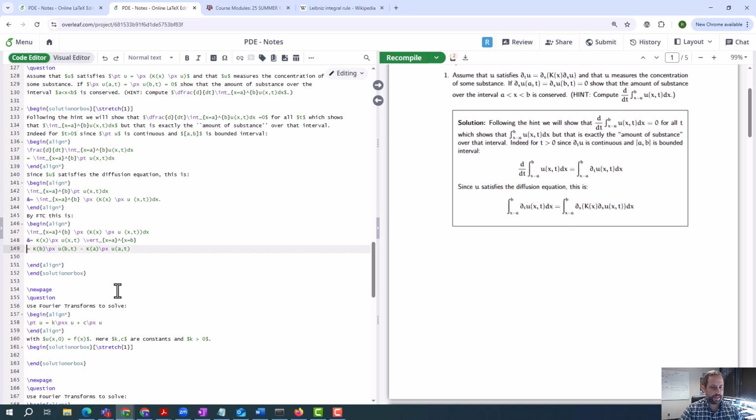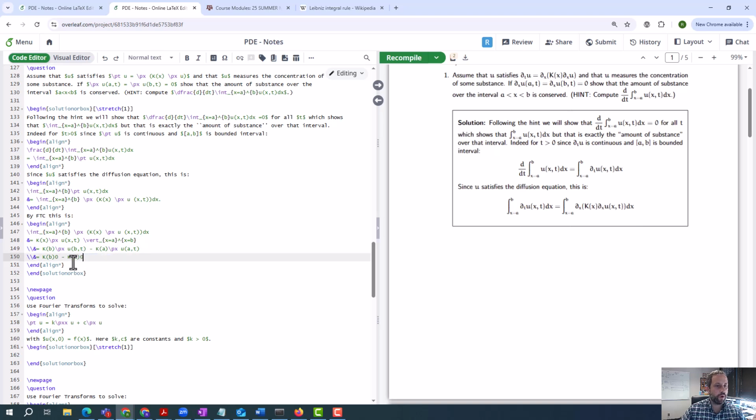And because the partial derivatives are 0, this is 0, this is 0.